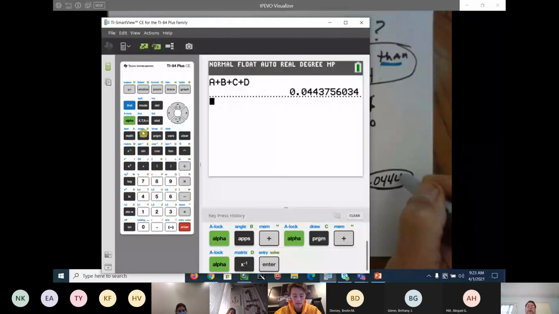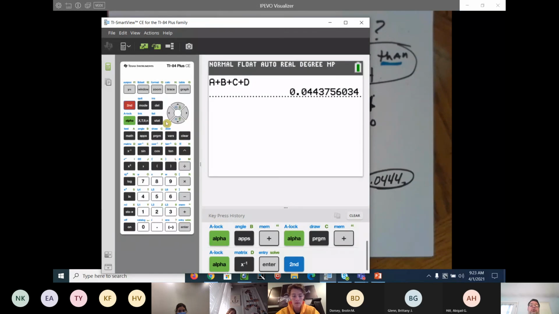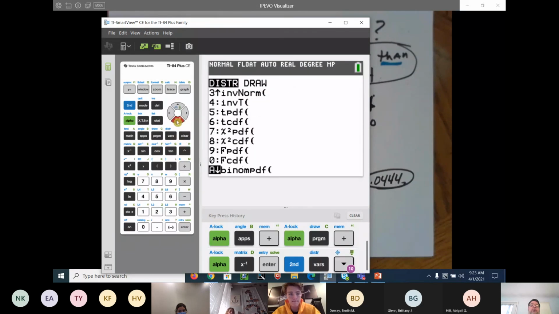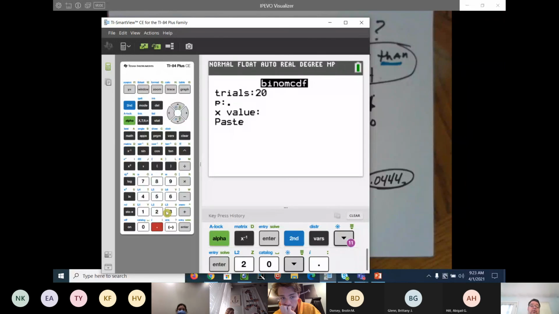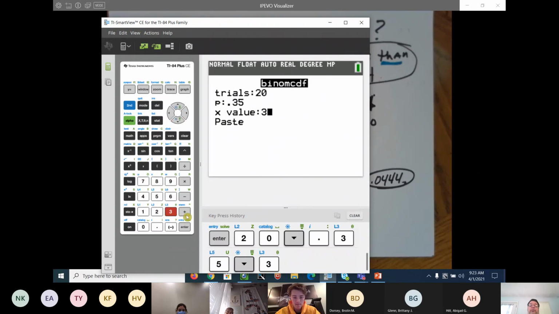Okay, so let's do it the short way. Let's go with second vars, binomial CDF, and we've got 20, 0.35, and less than 4 would be 3. Well, Hubert, what about 3.5?